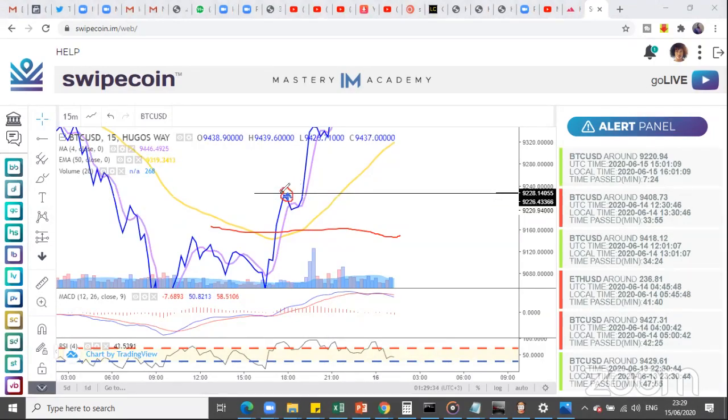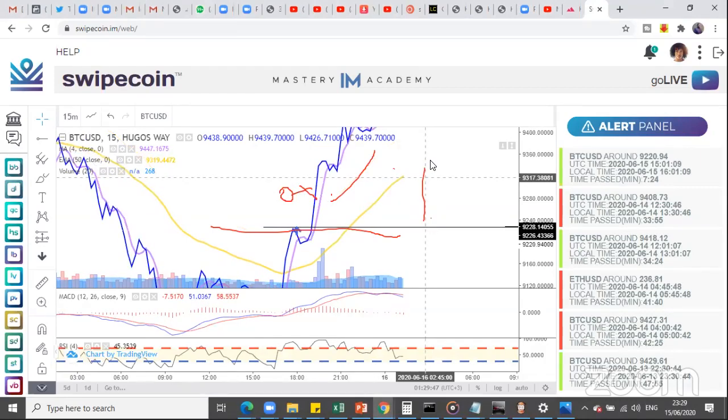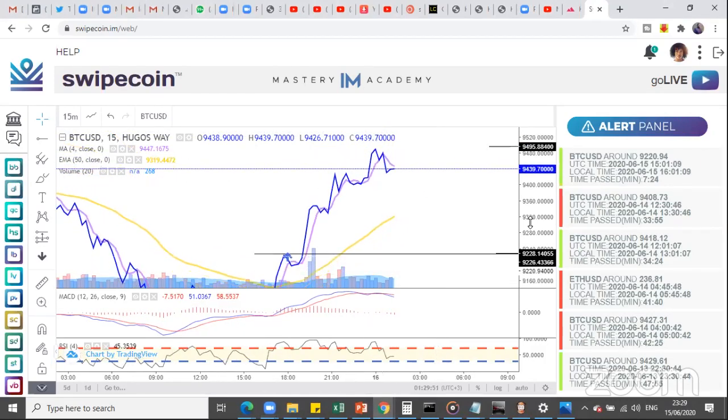You can see that's the next junction, and you can see that the market broke it. As the market broke it, bring out your MT4 and buy. And you can see that the buy gave us over 200 pips.